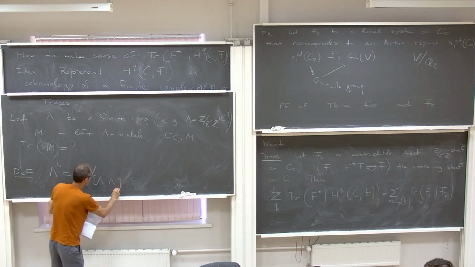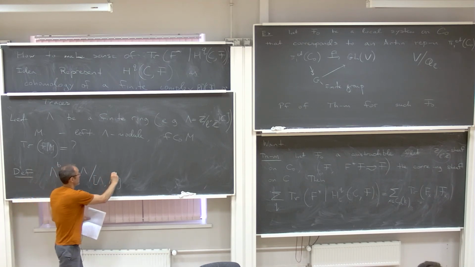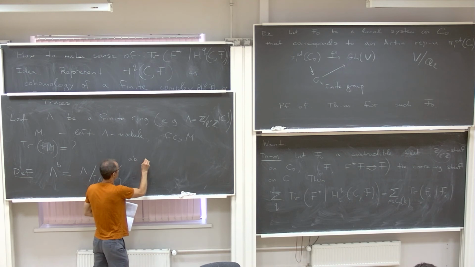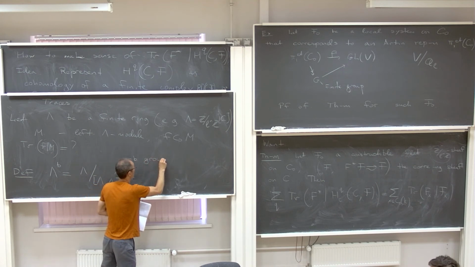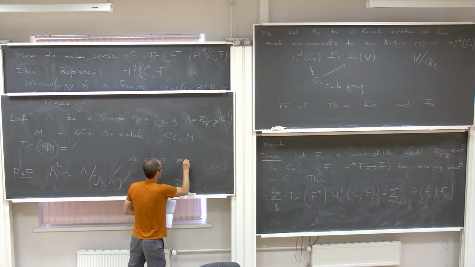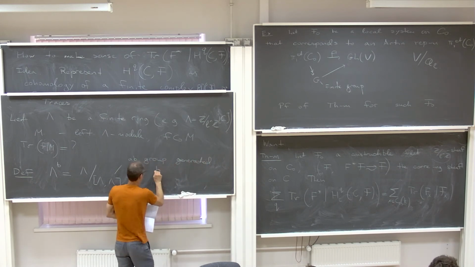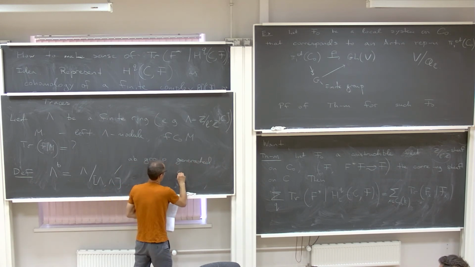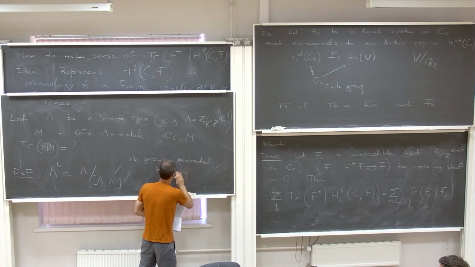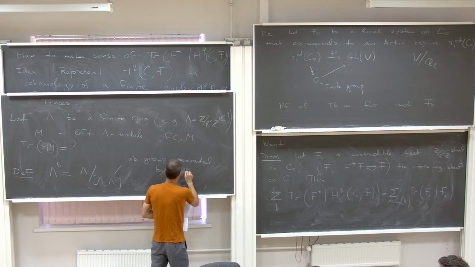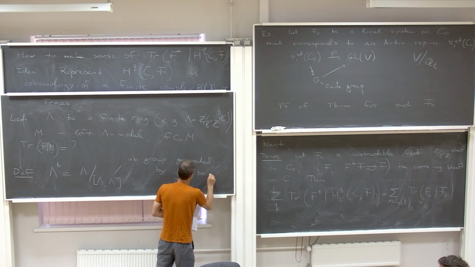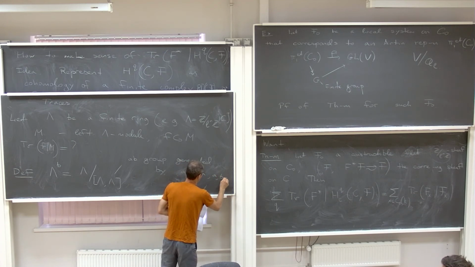So this is just an abelian group, generated by elements ab minus ba, where a and b are in Λ.